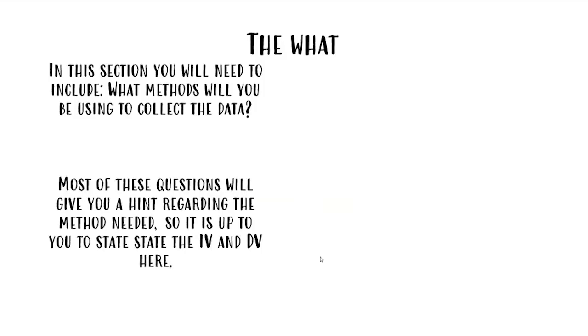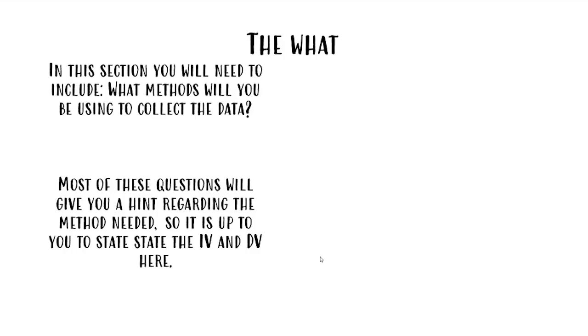So most of these questions will give you a hint regarding the method needed. So it's up to you to state the independent and dependent variable. What I mean by that is to pay attention to the instructions in the questions, because if you read them properly, you'll find that a lot of the methods that you have to use are already in the questions.